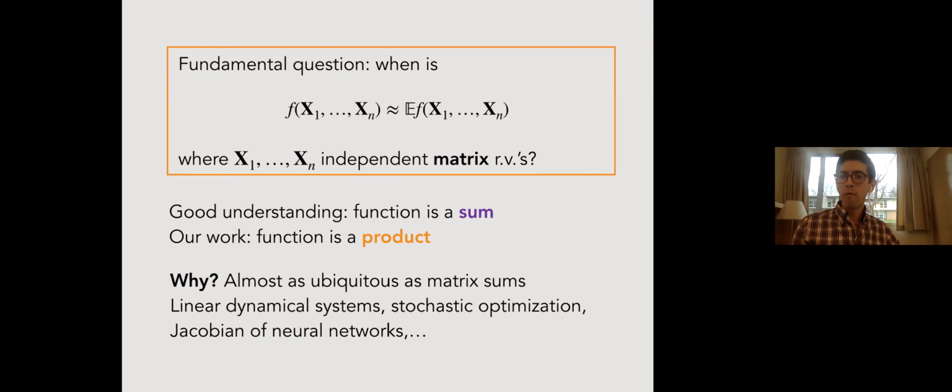People have used products of random matrices to understand the Jacobian of randomly initialized deep neural networks, for example. So there's a need for understanding products of random matrices, but what we didn't have before our work was maybe a clear understanding of how exactly we could lift concentration inequalities for products of scalar random variables to the case of products of random matrices.